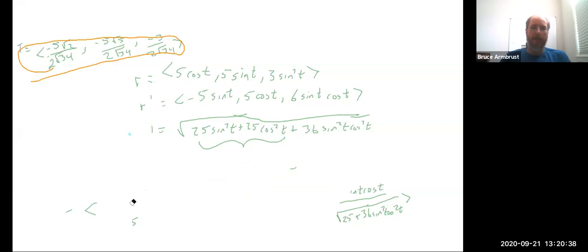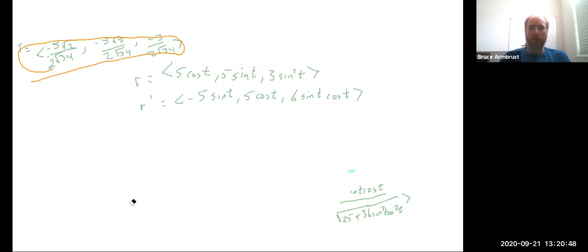And in fact, I'm even going to delete that magnitude of r prime. Okay, so we want to find T. And as always, you have to start by finding your r prime. We did that, but now I'm going to plug in my 3 pi over 4 here.